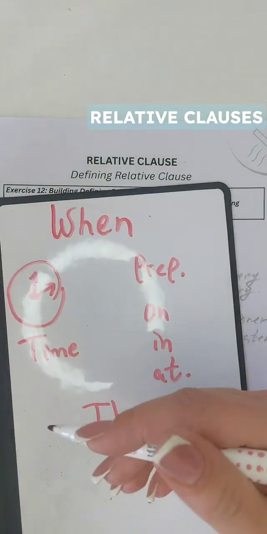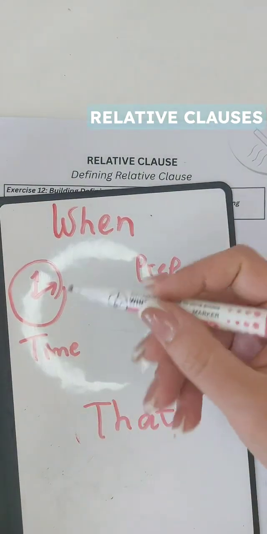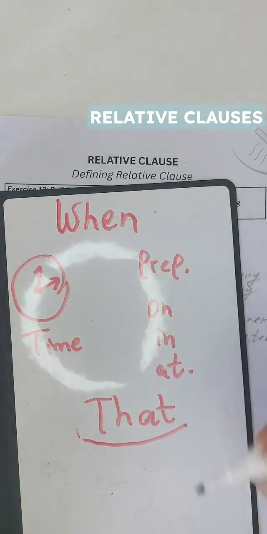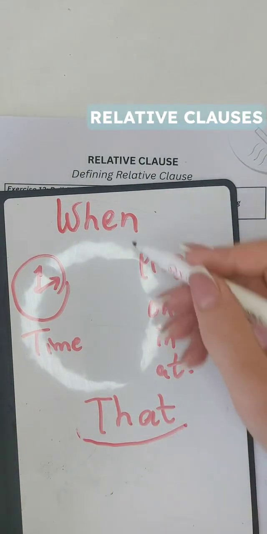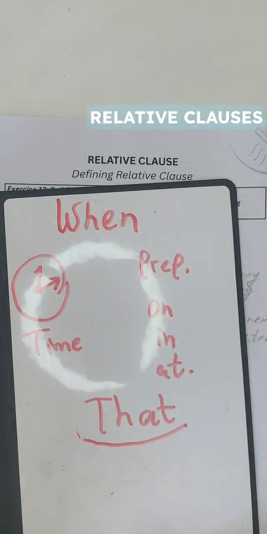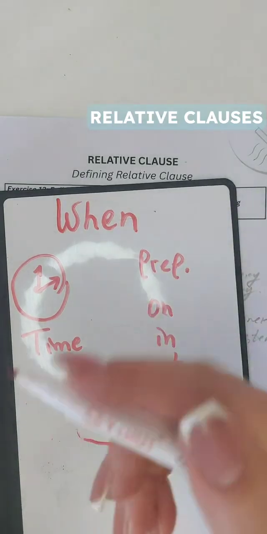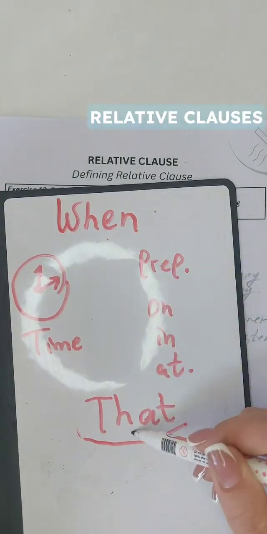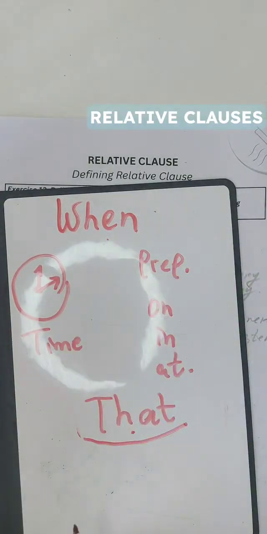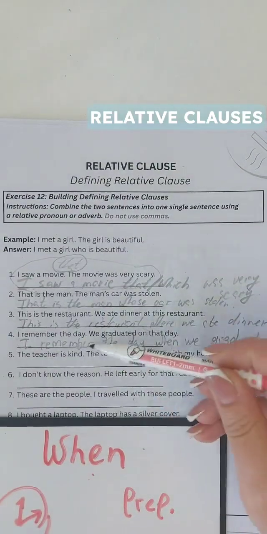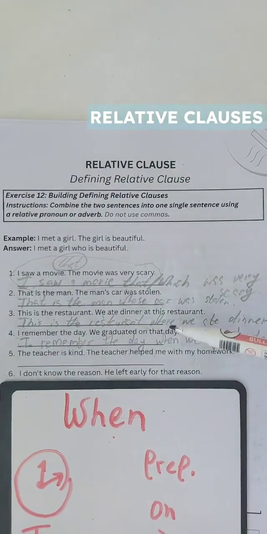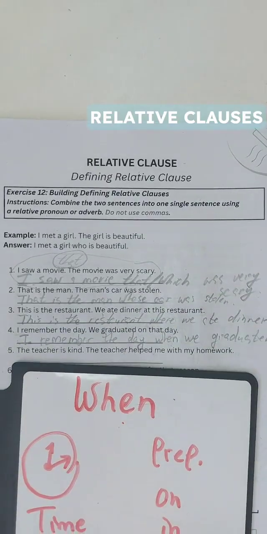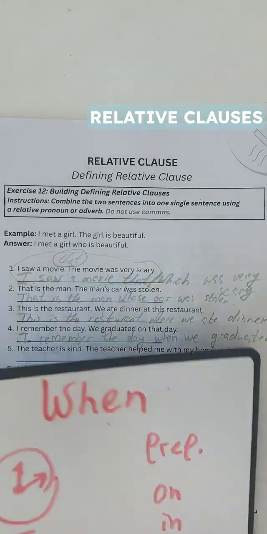I told you that with where, when we replace where with that, we should use preposition at the end. With when, we don't use preposition. Even if we replace when with that, we don't need preposition. I remember the day when we graduated. I remember the day that we graduated. Okay?